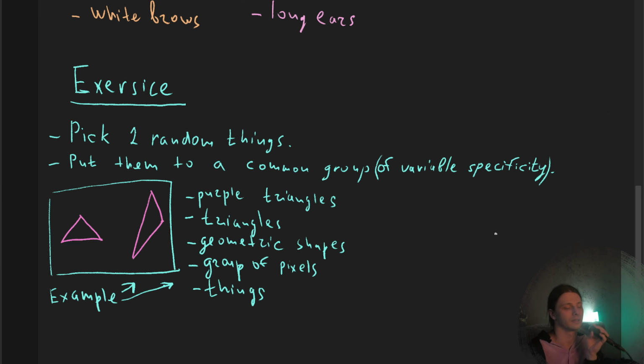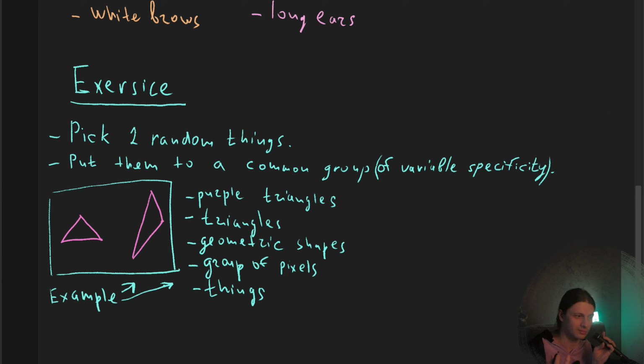Also, an important thing. Try to explain to yourself, or maybe to your friend or colleague, if you do this exercise together, what similarities allowed you to put the objects into the same group. So why could you put these triangles into the same group?